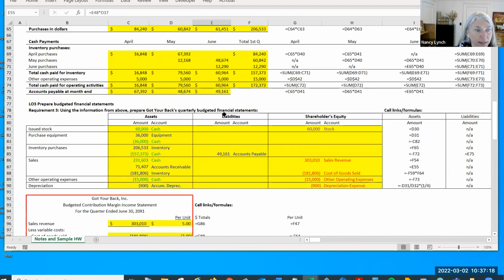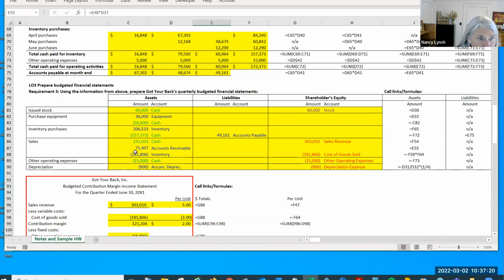All right. Then, as far as when you make a sale, you also have to show that you've used inventory. Well, how do I know the cost of the inventory that I sold? That takes some work, not a lot, but basically it is the number of units you sold. How do I know how many units I sold?